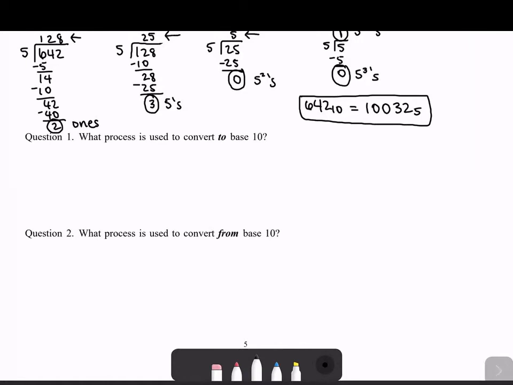Okay, so first, what process is used to convert to base 10? This is the examples that we did, not in this video, but the last video. Remember, the first thing that we did when we converted to base 10 was write the number in expanded form, for whatever base it was in.